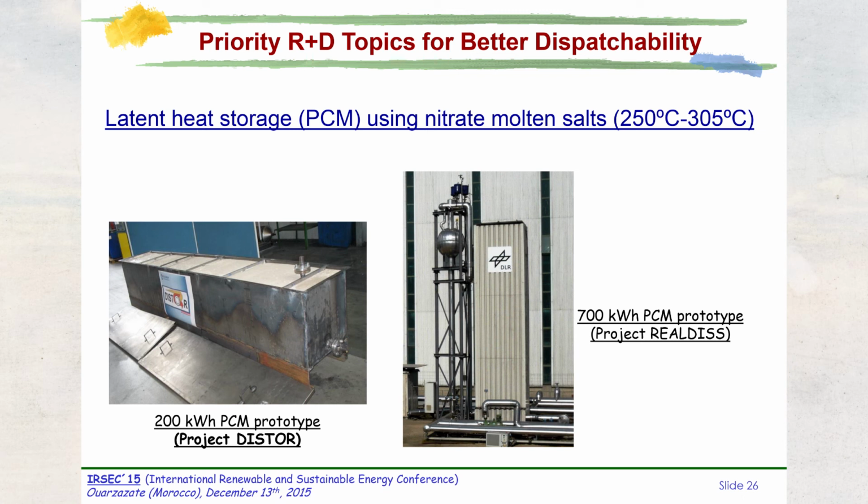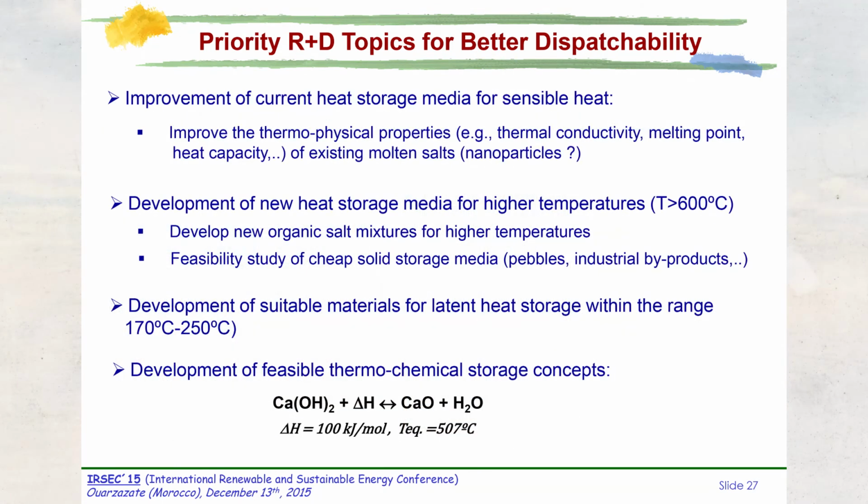But the capacity of such a system is very large. It's 1 gigawatt hour. So we need a significant step forward in order to go from, let's say, 1 megawatt hour to 1 gigawatt hour. The systems we have already developed for phase change materials are feasible for a small capacity.